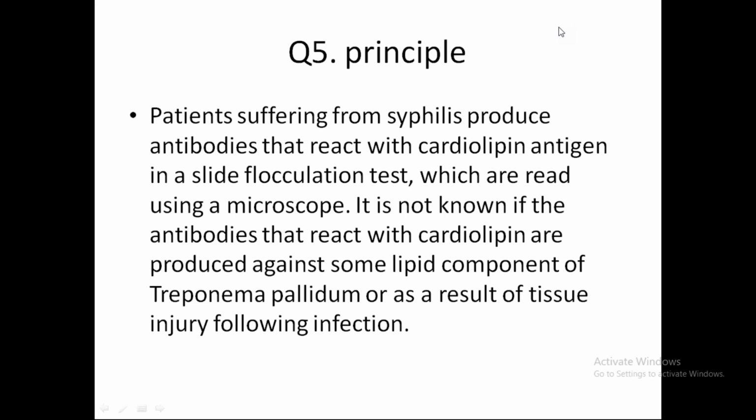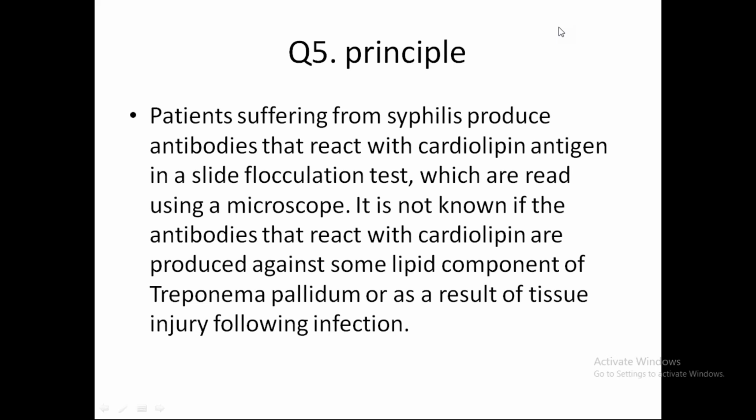Suppose if we are suffering with typhoid fever, salmonella antibodies will be produced in our body, right? So, if you want to do typhoid test, Widal test, what are the antigens which we employ? Same salmonella antigens only.